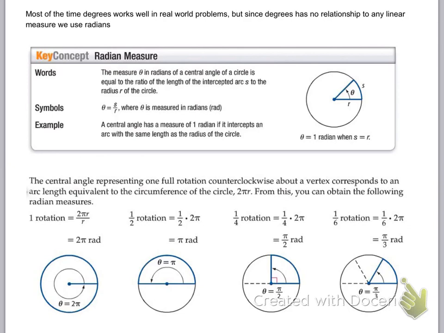We got common ones there. You got 2 pi on the bottom. That's a full circle. You get pi radians. Pi radians is half a circle. Pi over 2 is a quarter of a circle. And pi over 3 is a sixth of a circle. So those are things that we're going to eventually figure out.